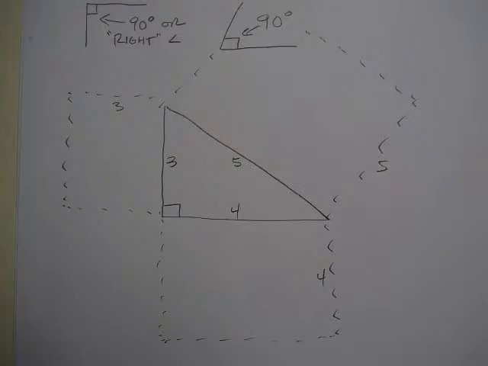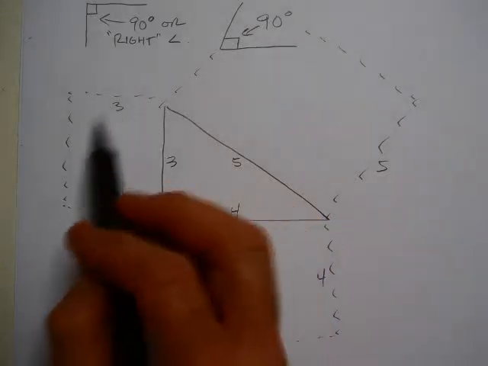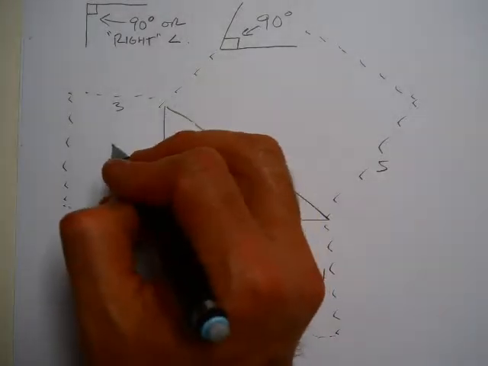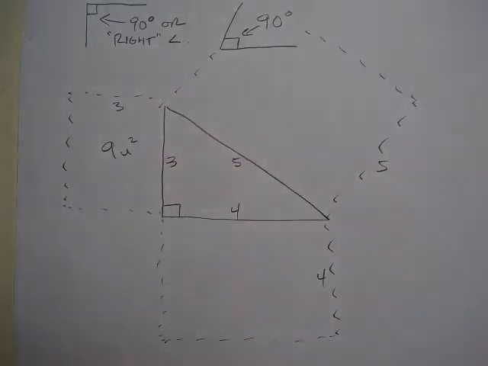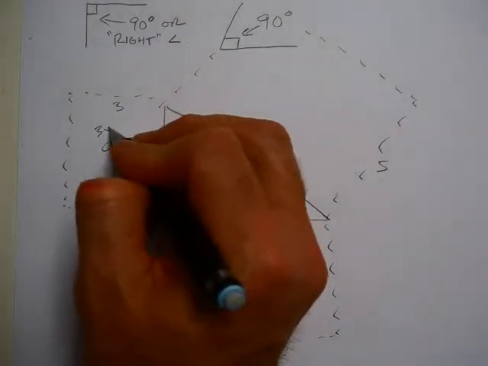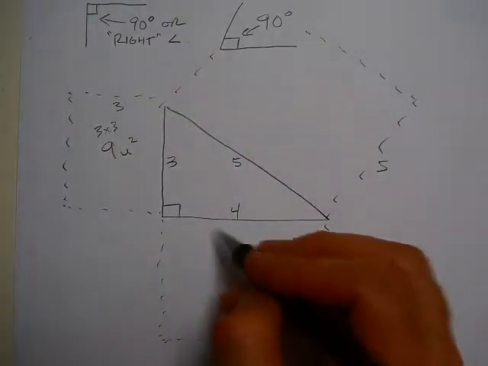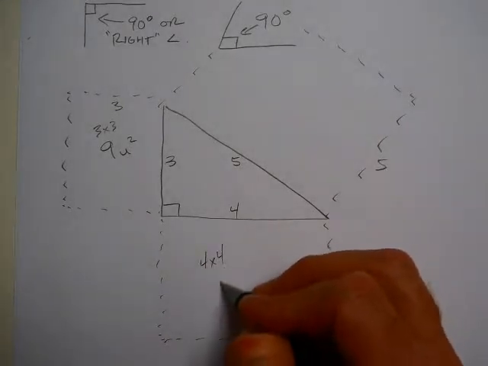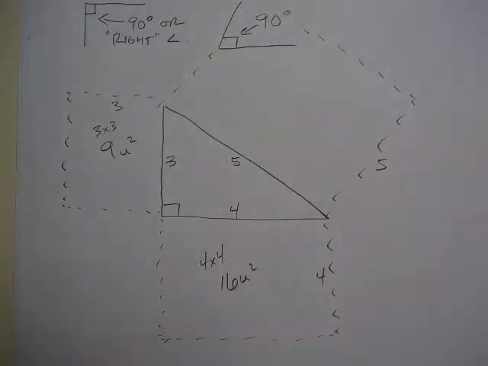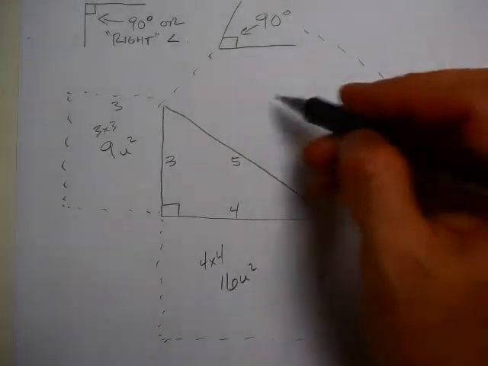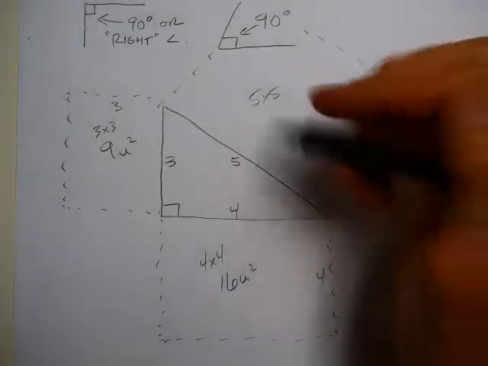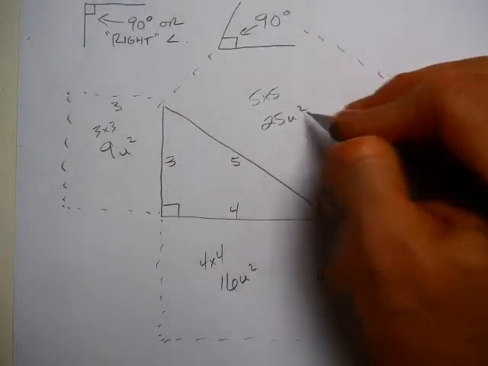He noticed something special. If he looked at the area of the box that was built off the small leg, this area would be 3 times 3, or 9 units squared. And then he looked at the area of the medium side, 4 times 4, gave him 16 units squared, whatever the units were. And the area of the big box, 5 times 5, gave him 25 units squared.